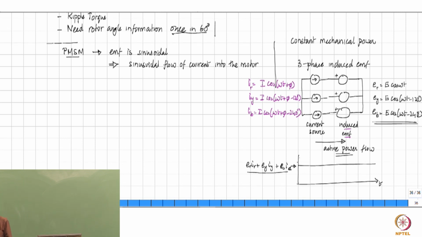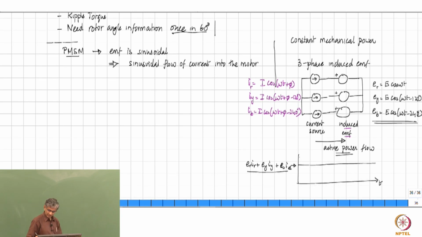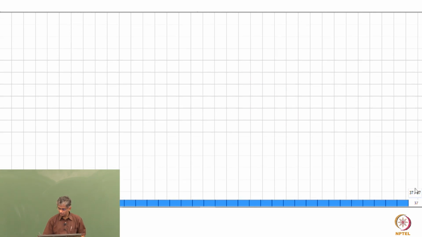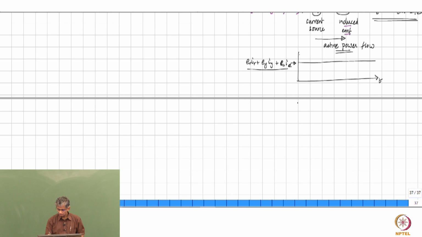right. Therefore, if you are going to have a motor with a sinusoidal EMF, then it is necessary to send a sinusoidal flow of current into the motor so that the mechanical output power is flat with respect to time, right. If mechanical output power is flat with respect to time, then it means also that if you draw electromagnetic torque, that will also be constant with respect to time for constant speed operation, right.